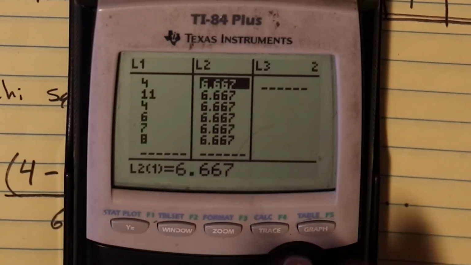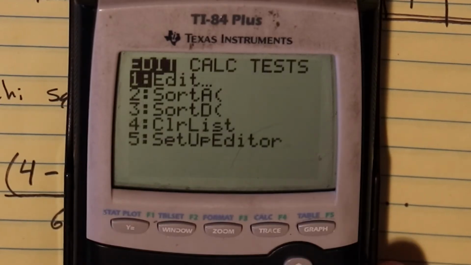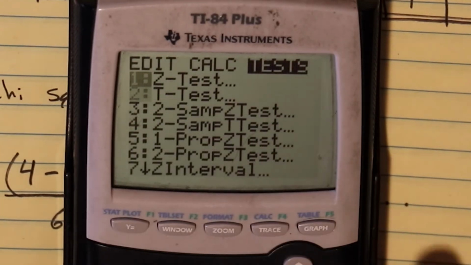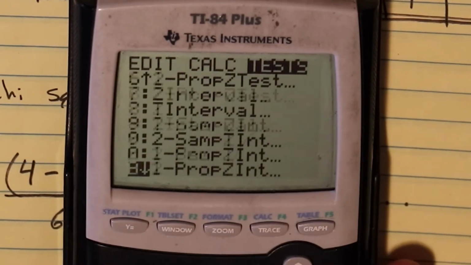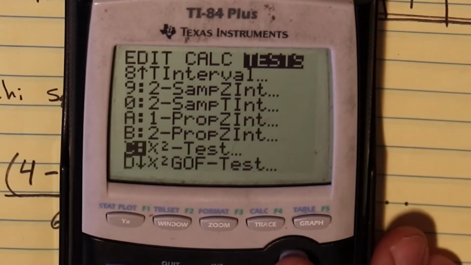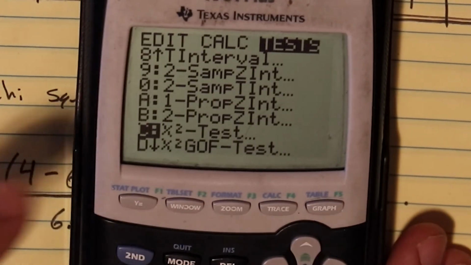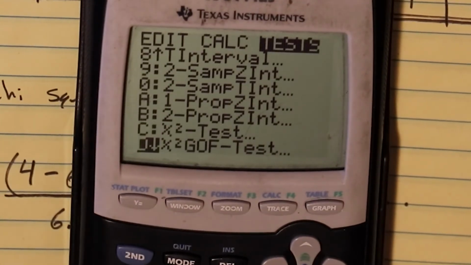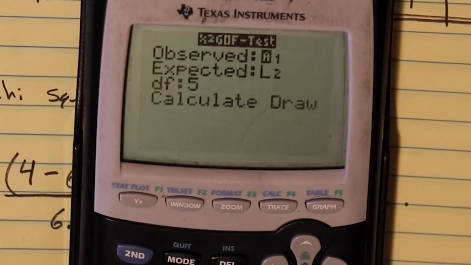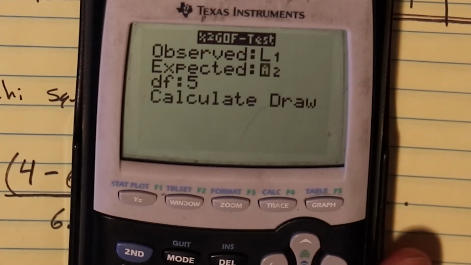So I have my observed and expected. I'm going to go to stat, over to tests, because we're doing a chi-squared goodness of fit. Now there are 2 chi-squares. Don't go to chi-squared test. That comes in 11.2. We're doing a chi-squared GOF test. Observed in L1, expected L2.